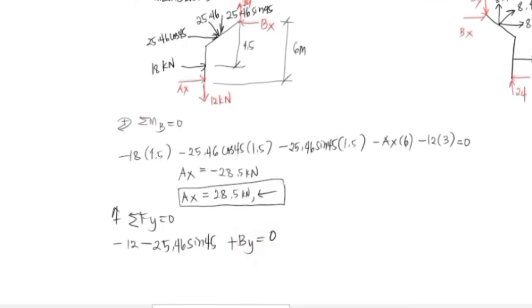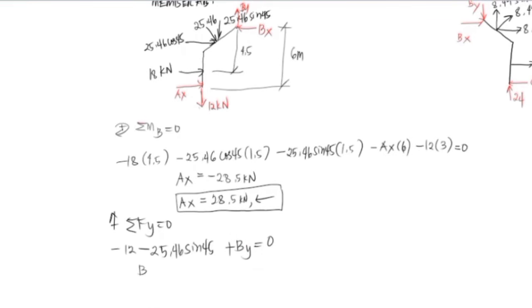This is equal to 0. So solving for the value of BY is equal to 30 kilonewton. Since positive yung lumabas na sagot, tama yung assumption natin that BY is directed upward.